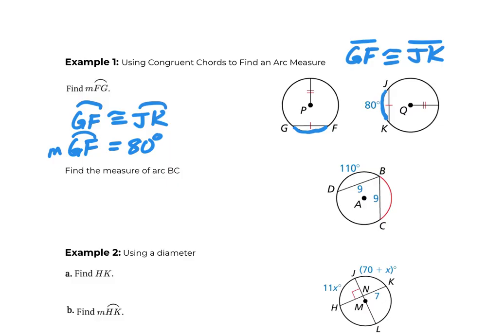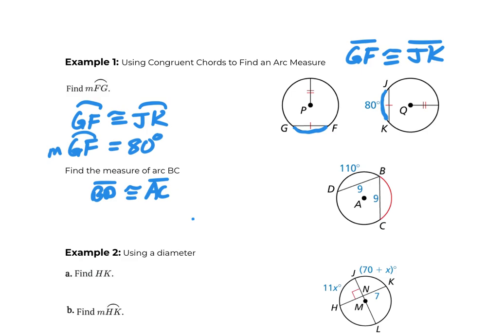Okay, same thing here. BD and AC are both 9. So we know that BD is congruent to AC. So if those two are congruent, that means the two arcs are also congruent.